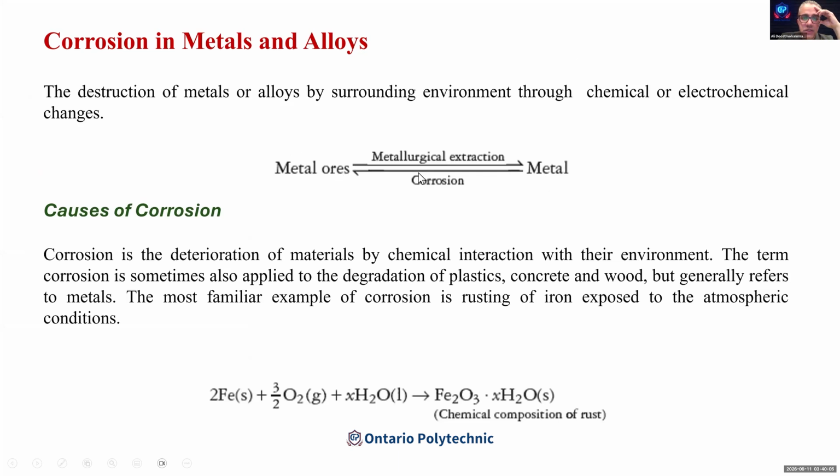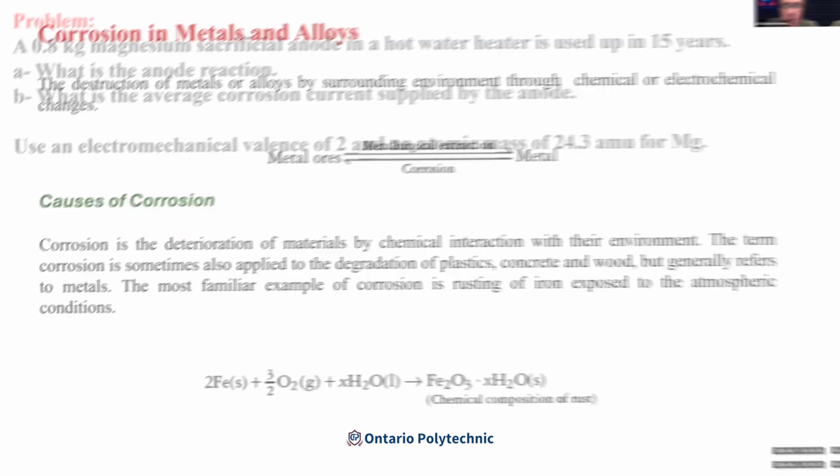So from left to right, we have a metal ore which is converting to metal, and we call this metallurgical extraction, when we are extracting a metal, for example, aluminum from aluminum oxide or iron from iron oxide. But from right to left is corrosion, when a metal is converting to a metal oxide.